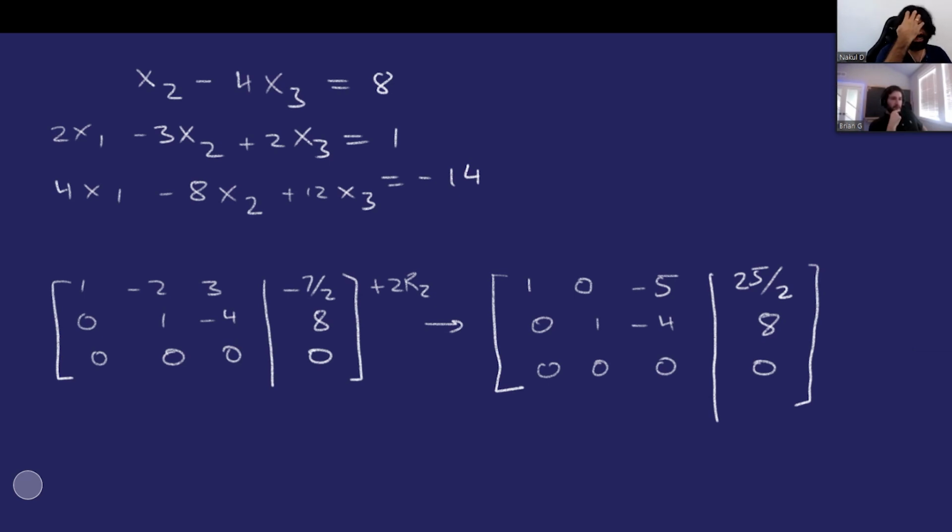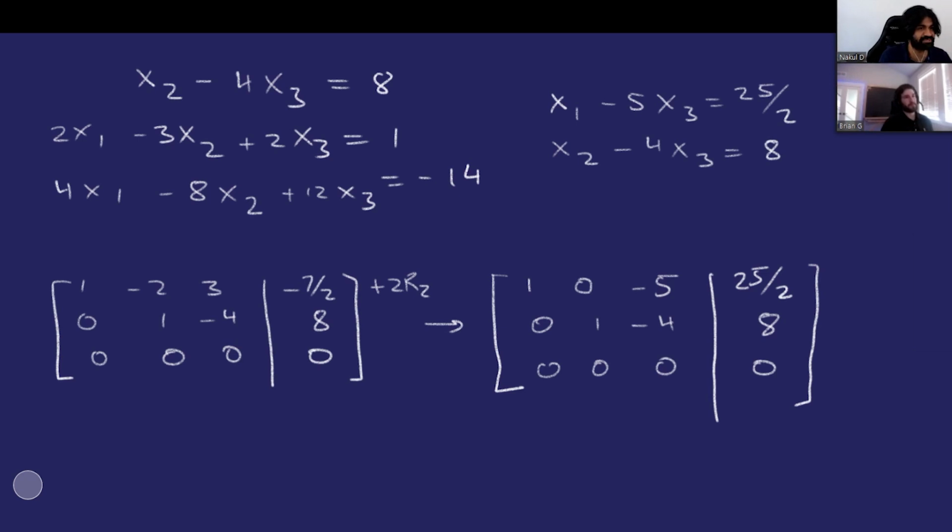What are the equations here, if you were to write them out? What have become of the original equations? So the last one is 0 equals 0, so that's a throwaway. But what are the other two? Wouldn't the first one be x sub 1 minus 5x sub 3 equals 25 over 2? And then x sub 2 minus 4x sub 3 equals 8.